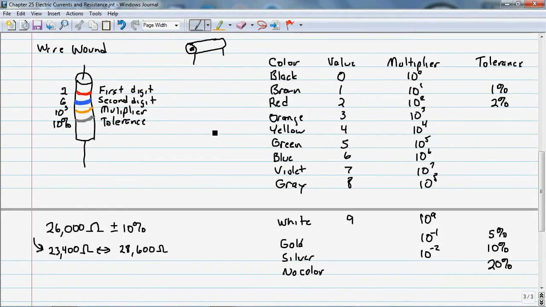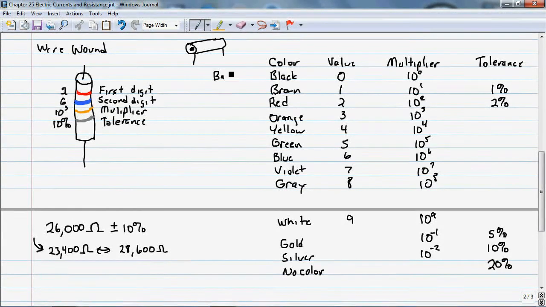Now, if you have a hard time remembering the order of the colors, here's a quick little ditty that we came up with years ago that helps if you can remember, and if you enjoy alcohol, you'll probably really like this.